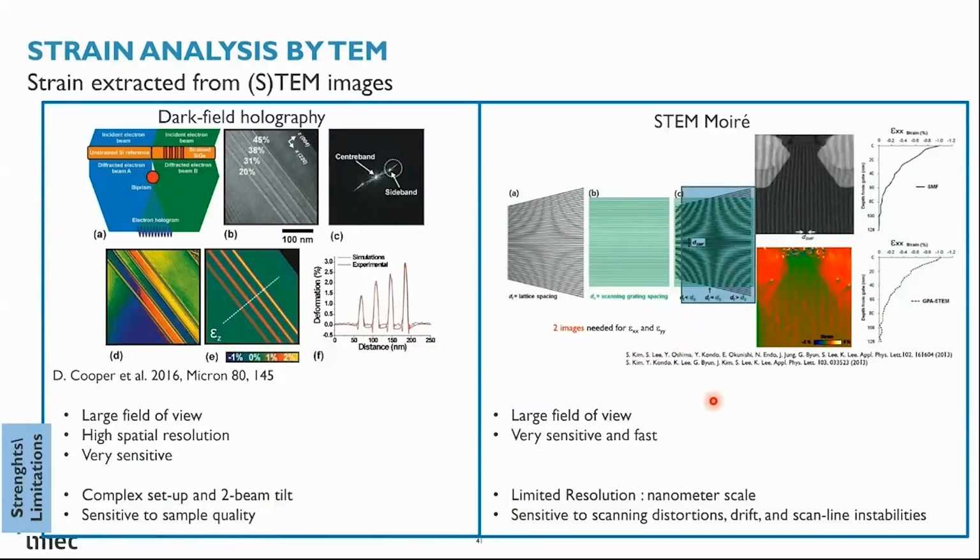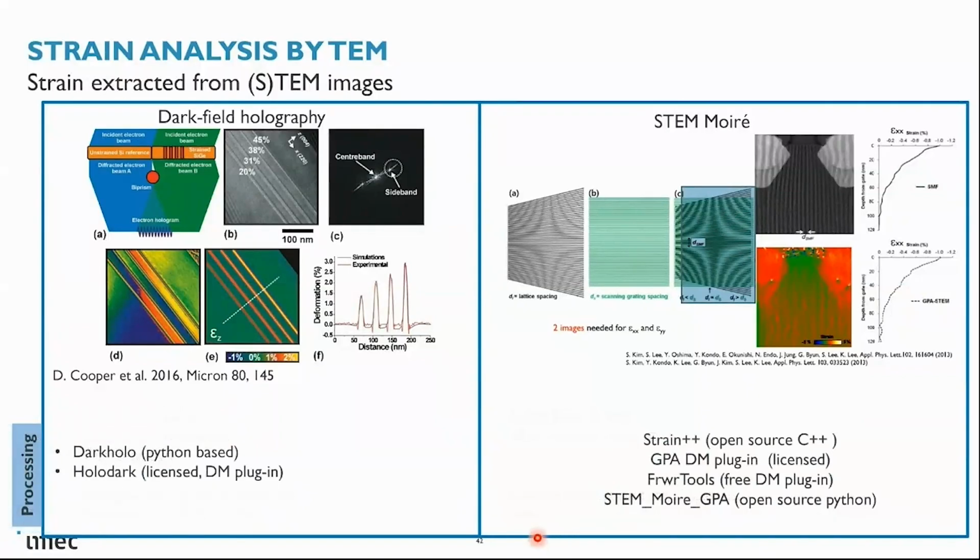In the case of STEM moire, we also have a large field of view, and it's a very sensitive and fast technique, but it's limited in resolution. We are at a nanometer scale, and the technique is sensitive to scanning distortion, drift, and scanline instabilities. Also here, there are different options that you can use to process your data.